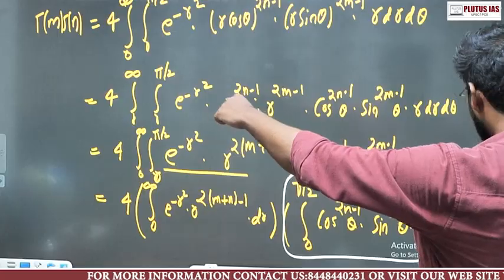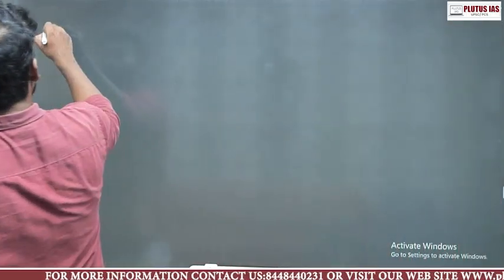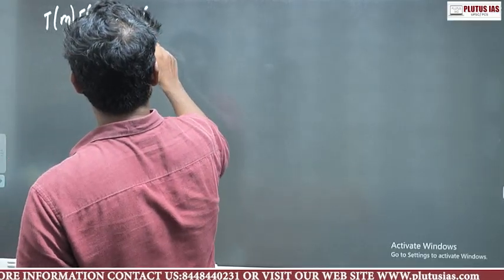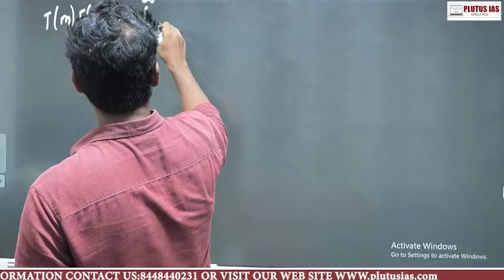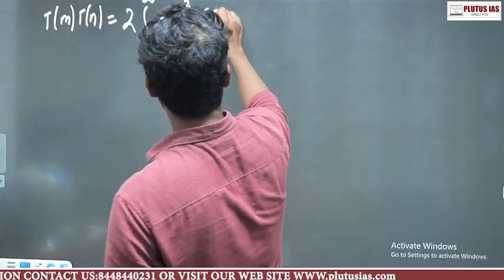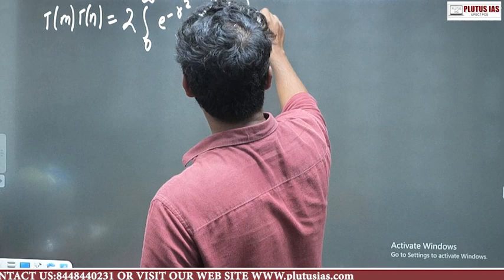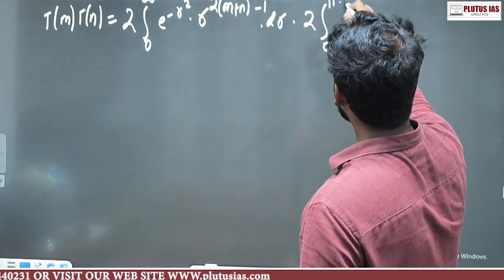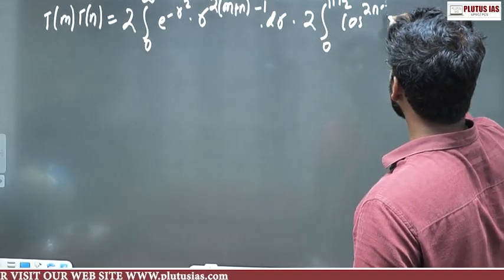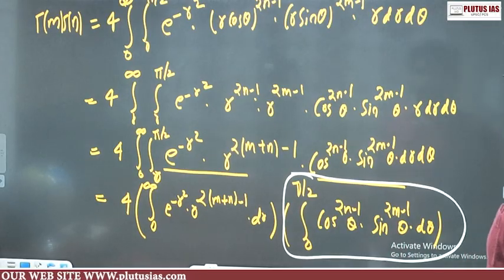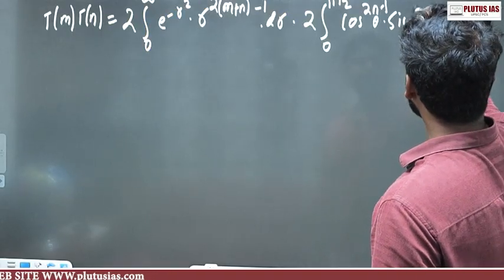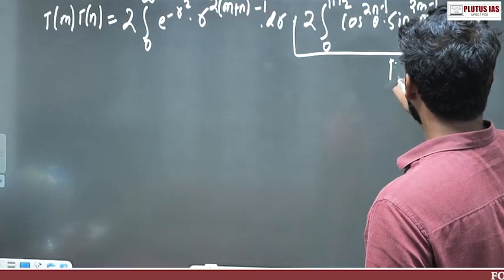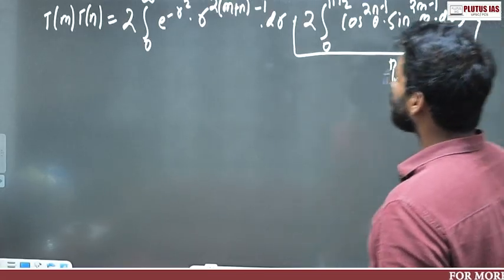Okay, so gamma m gamma n is 2 times the integral from 0 to infinity of e to the power minus r square r to the power 2 m plus n minus 1 dr, into 2 times the integral from 0 to pi by 2 of cos 2n minus 1 theta sin 2m minus 1 theta d theta. Okay, so this quantity is beta m n, right?